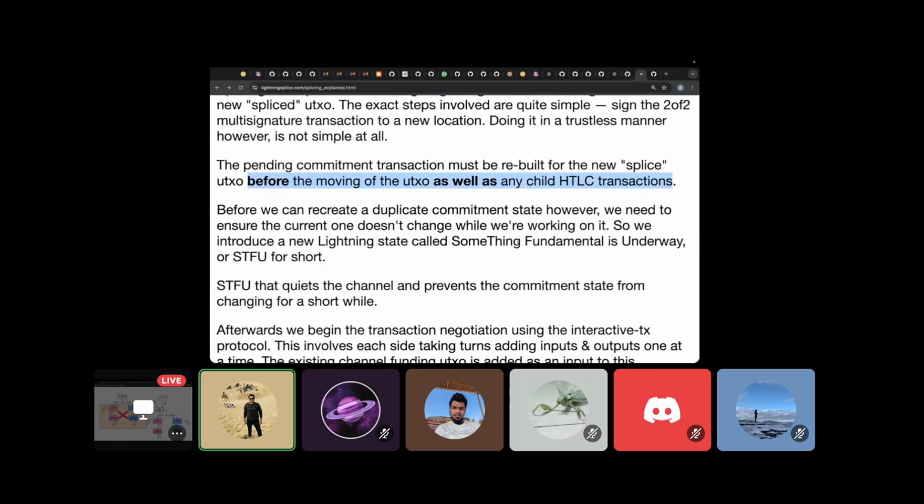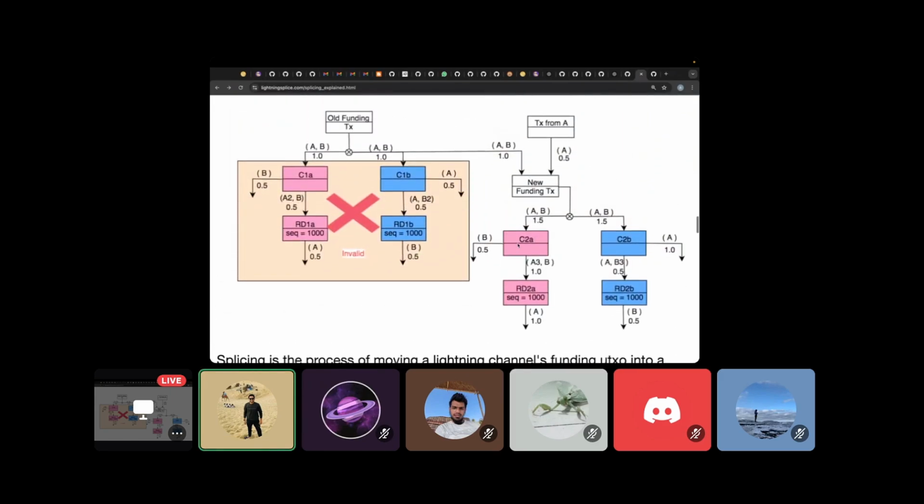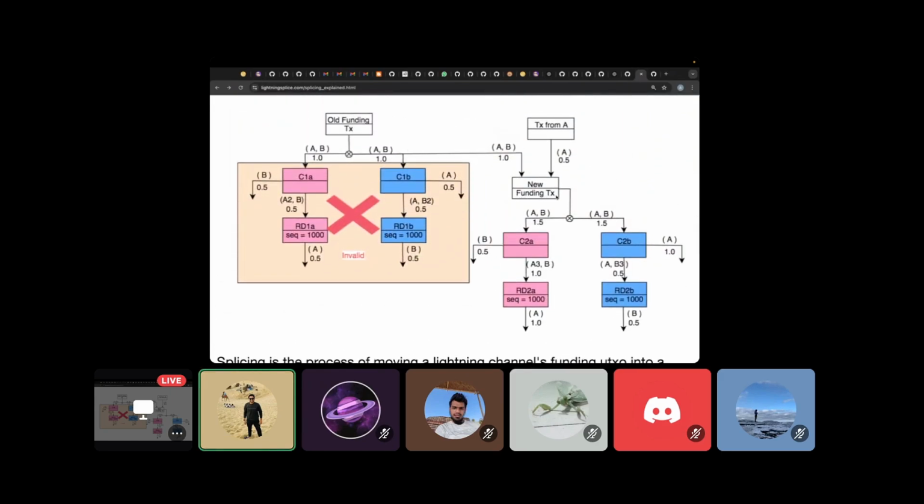All right. So now, while creating this new funding transaction, it's very important that no new channel state is created, or your channel is not in operation. You don't do any payment, because if that happens, your new funding transaction wouldn't accommodate the balances that were shifted from one end to another.